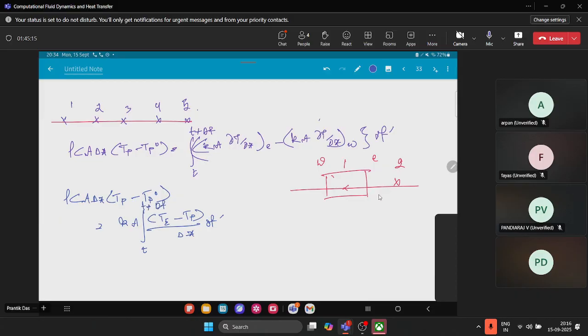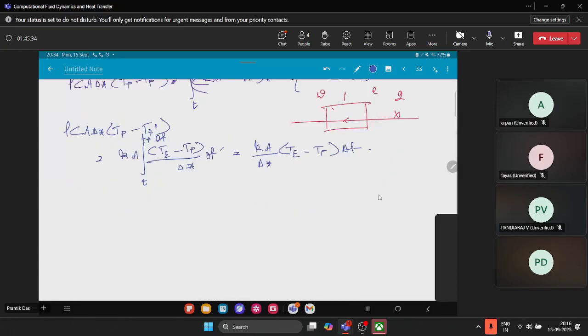Since this gradient is becoming zero, since at the west face itself the flux is zero, this actually becomes k a (T minus Tb) by delta x, multiplied by delta t. Okay.